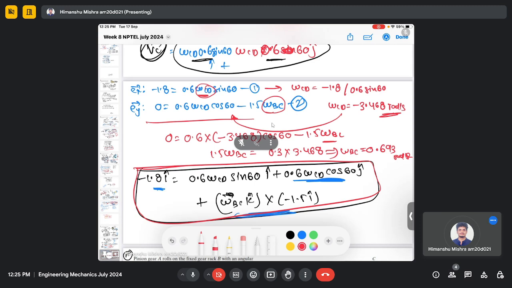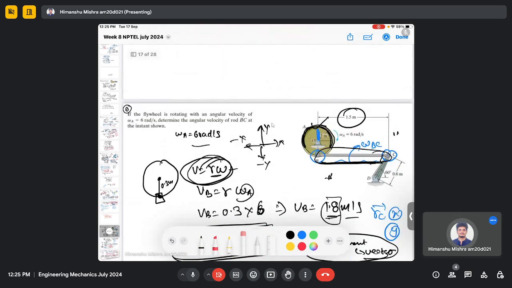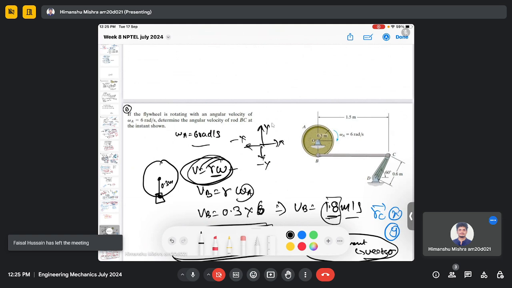So this is your omega BC. So it's a very similar problem actually. Just to recap how we did it. We have been given the angular motion of this flywheel, and we have been asked to calculate the angular velocity of this rod BC.